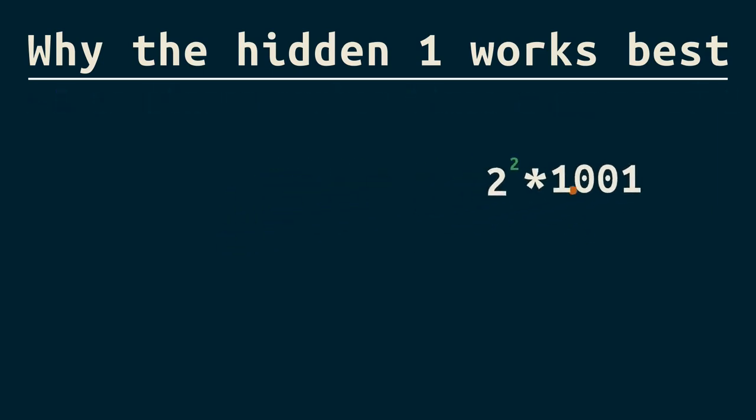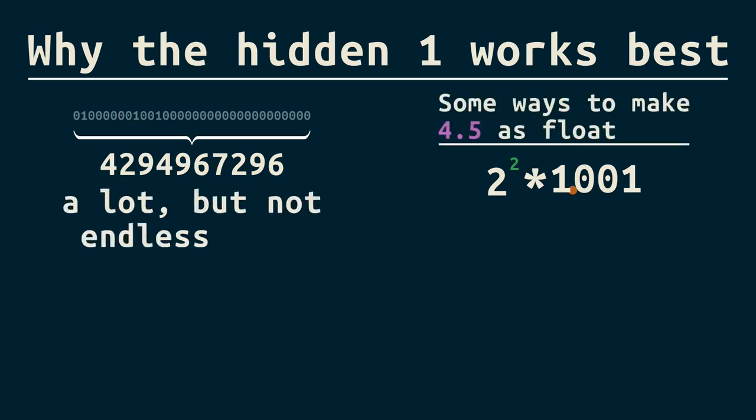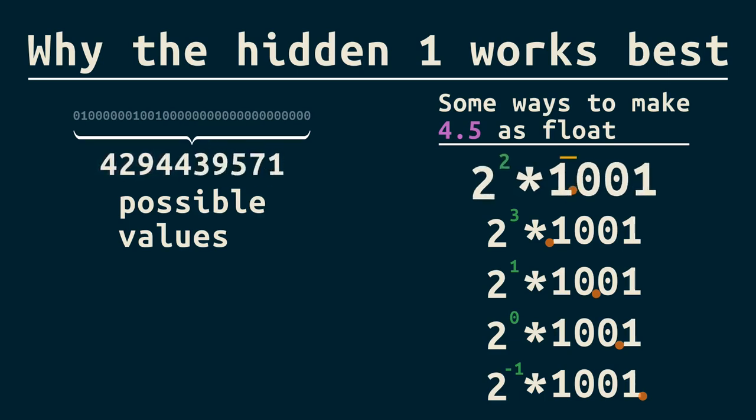Here's the thing, we only get 32 bits. That'll give us around 4 billion possible numbers. A lot, but not endless. Aren't we wasting some of those possibilities if we can use more than one combination to represent a single decimal number? Yeah, we are. We stop the waste by requiring a single one to be right before the point.